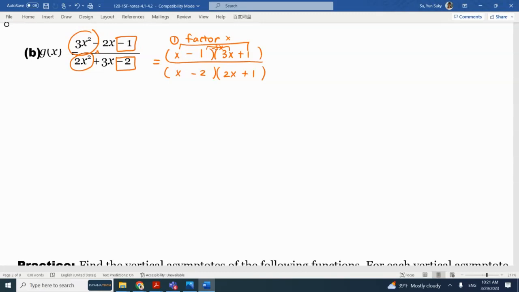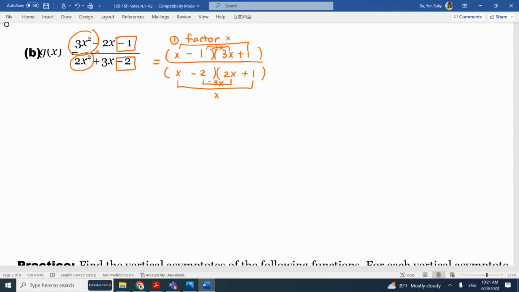If it does not work, then we switch the numbers, right? So we multiply the outside. What's x times 1? 1x, right? Negative 2 times 2x? Negative 4x. Negative 4x plus x is negative 3x. Now you check with the middle term.